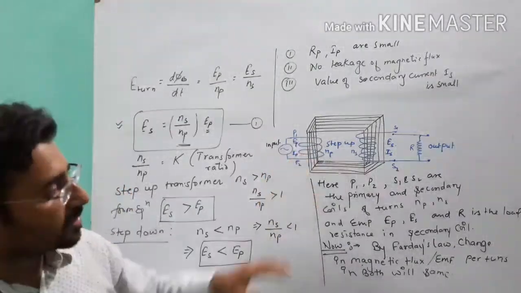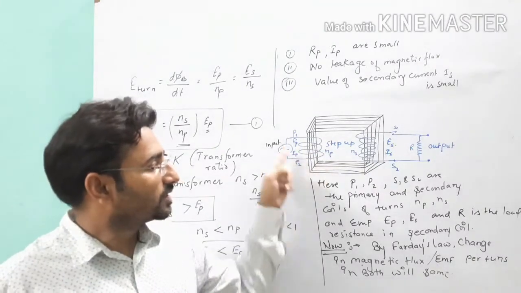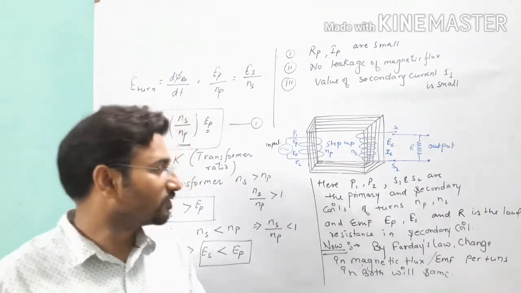As here we are talking about the transformer, in case of a transformer, you know that we are using insulated copper wire in the form of coil.